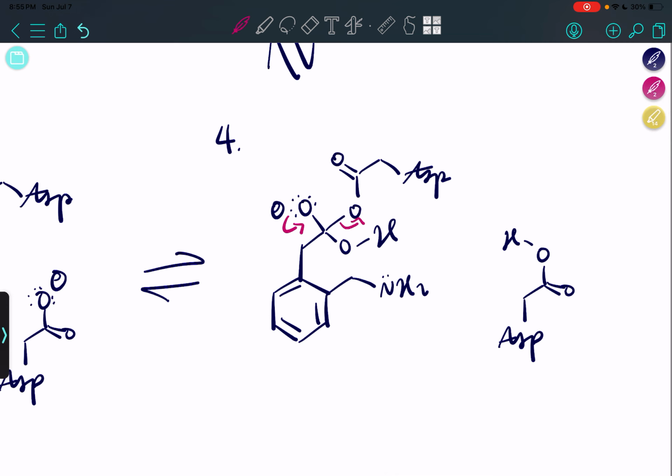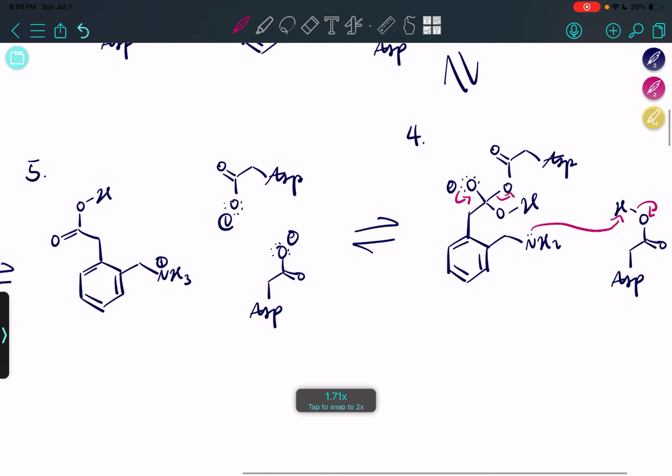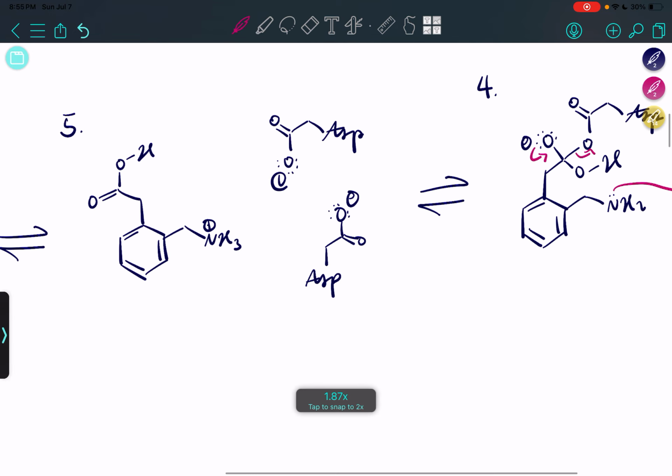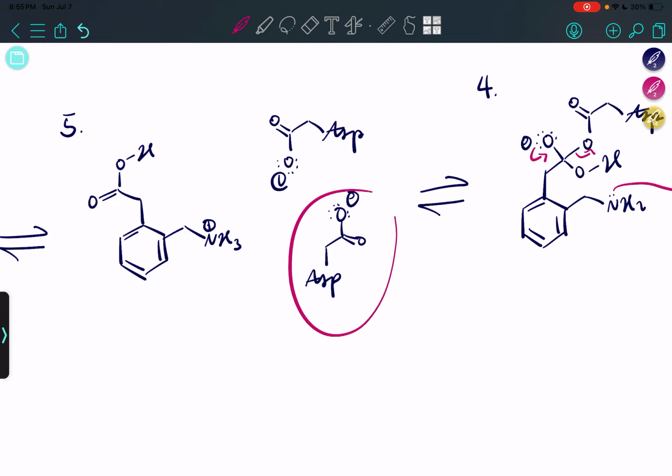So this amine group here will grab the hydrogen on the aspartic acid, and we'll kick those electrons in the OH bond back to the aspartic acid residue. And so that gives us our deprotonated aspartate and our protonated amine.